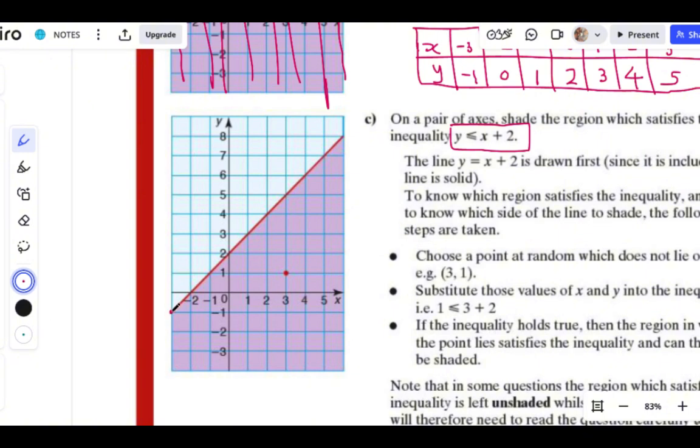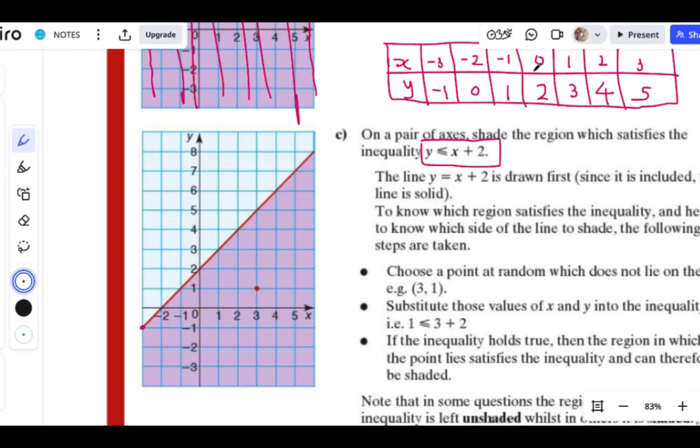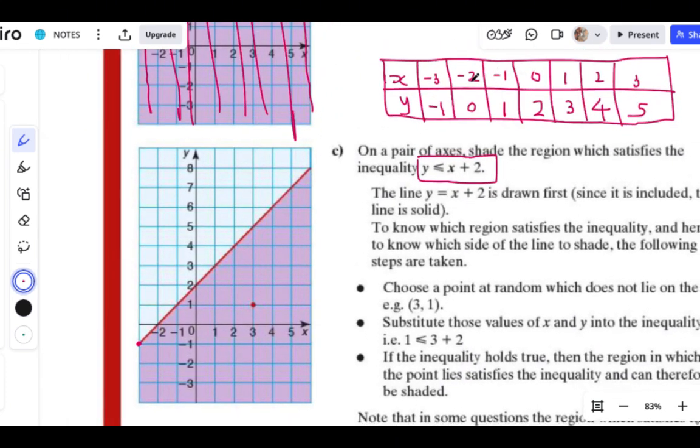That's my first point here. Now x is -2, y is 0. Y is 0 here, so you put a point here. Each of these x and y pairs is a coordinate.